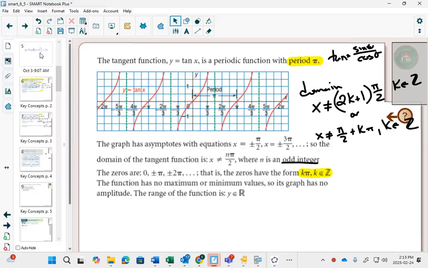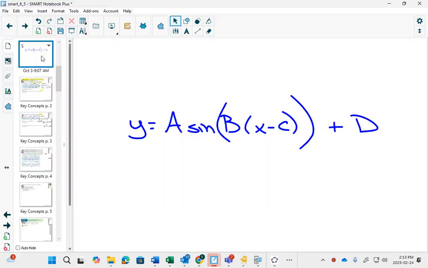So we're going to have questions that have numbers where we have A, B, C, and D. If this was a sine graph, the A would be a vertical stretch or compression. The B would be a horizontal stretch or compression. C moves it left and right. D moves it up and down. However, there are some beautiful things that happen with sine and cosine which allow us to develop a bit of a shortcut.